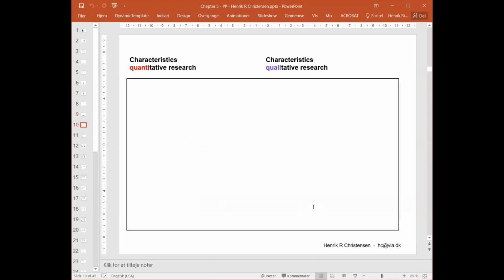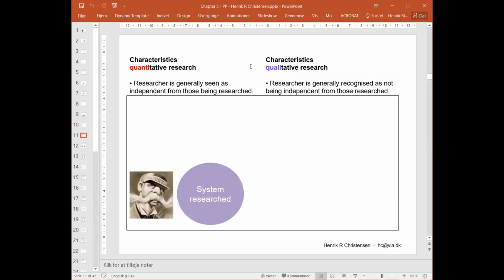Let's now look at what characterizes these two different kinds of research approaches. As you can see up here, we will be looking at quantitative to the left, and we will be looking at the qualitative to the right.